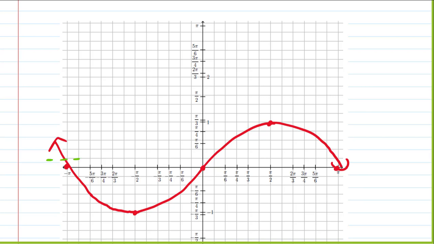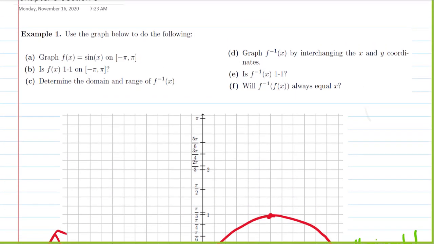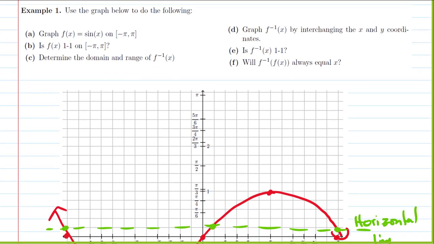As a matter of fact, if we draw this horizontal line, it actually intersects the graph just on this interval 3 times, right? So our answer to B is no, it is not 1 to 1.